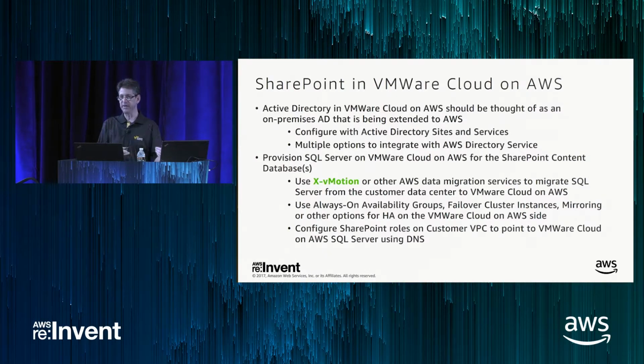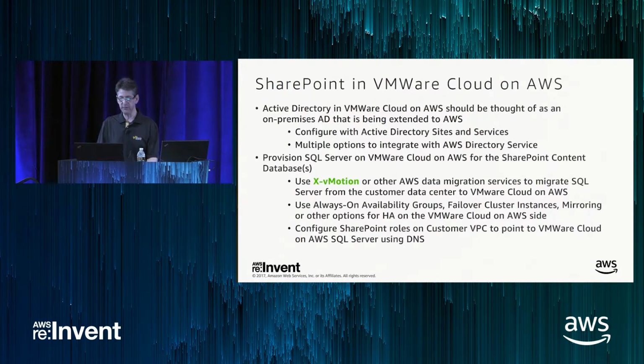You could put a subdomain on the AWS side and a second two-level domain on the VMware Cloud side. You can use ADFS for federation. You can use third-party tools. So there's actually a huge number of options for connecting classic Active Directory to the AWS Directory Service.